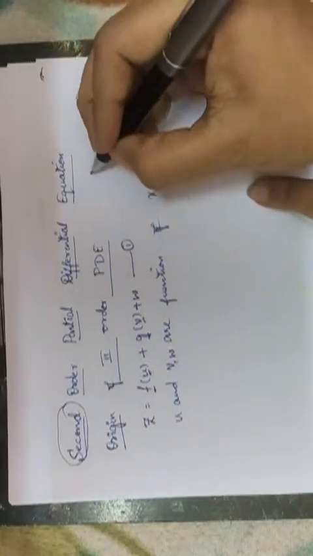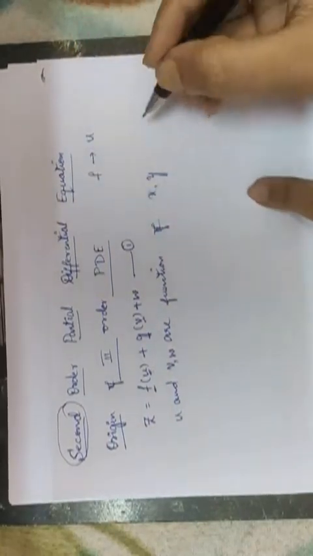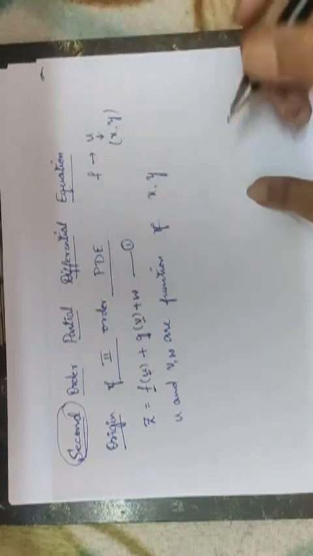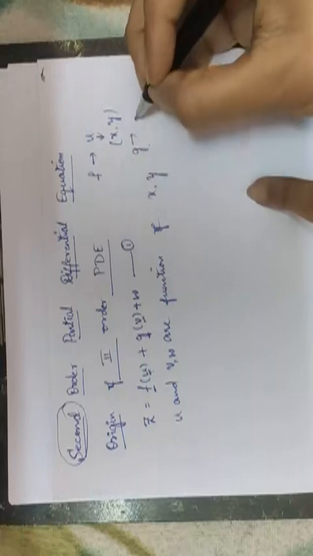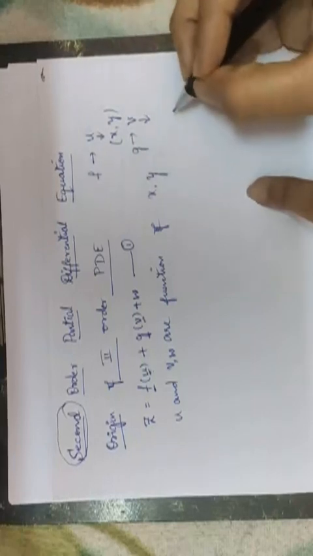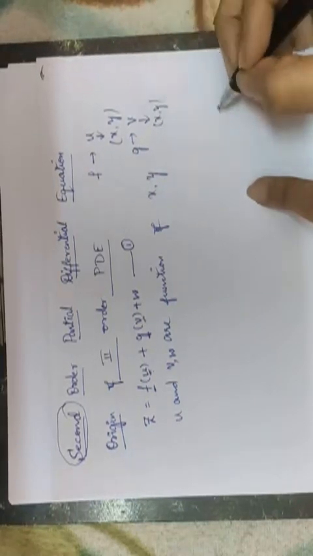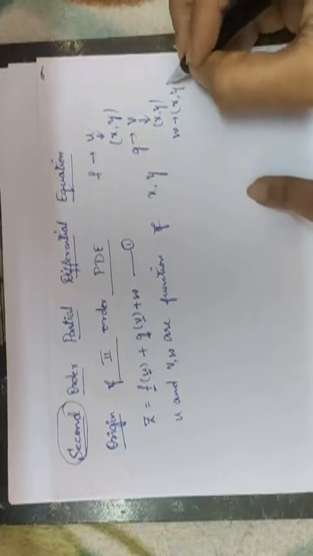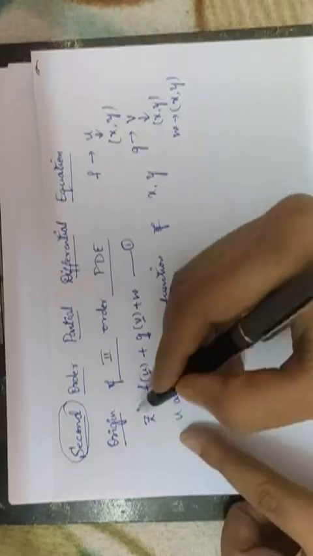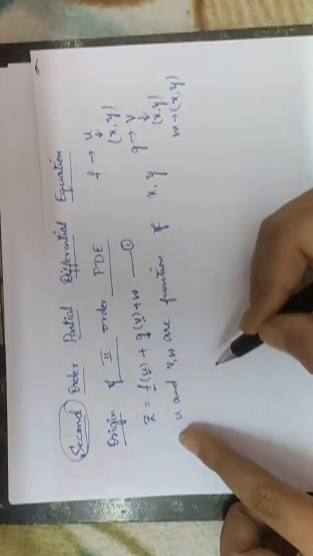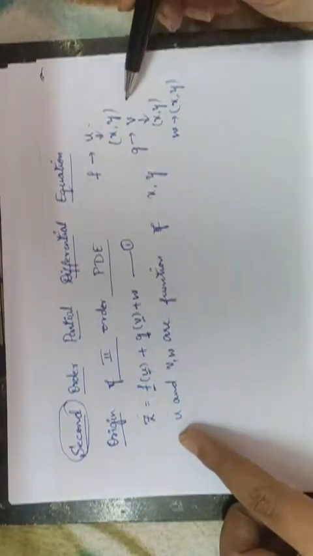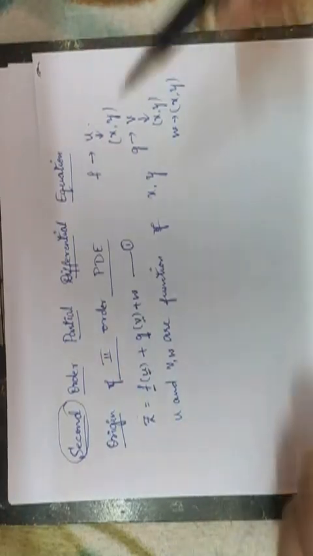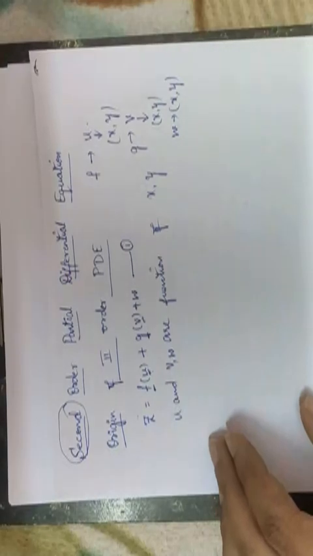So my f is a function of u and u is a function of x and y. Similarly, g is a function of v and this v is a function of x and y. Also we have w, which is a function of x and y. So your z is a function of u, v, x, y, all. It contains all, right? So I will call this equation number 1.